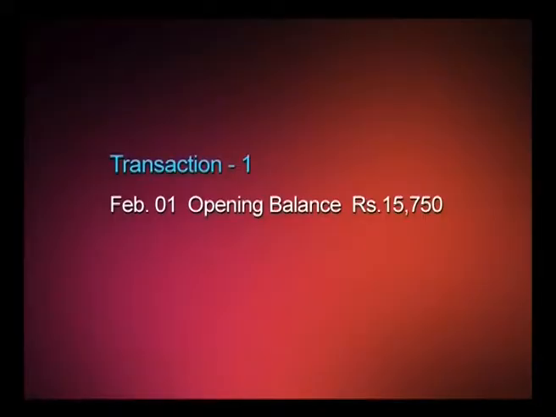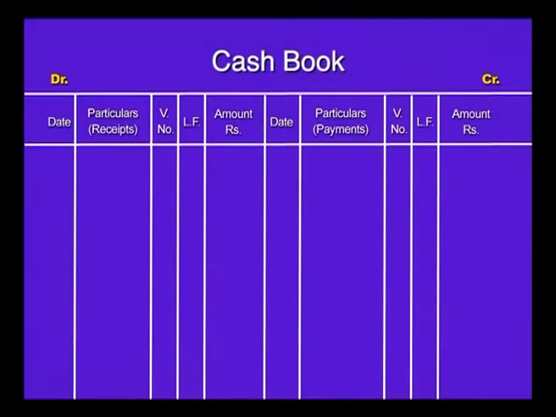As I said, we will be reading the transactions and simultaneously looking into the cash book to see how they have been written. Transaction number 1 is given: February 1, opening balance 15,750 rupees. I hope you understand this is the opening balance of cash on February 1, that is the cash in the beginning. Come to the cash book. See this, because this is a balance of cash, it shall be on the receipt side.